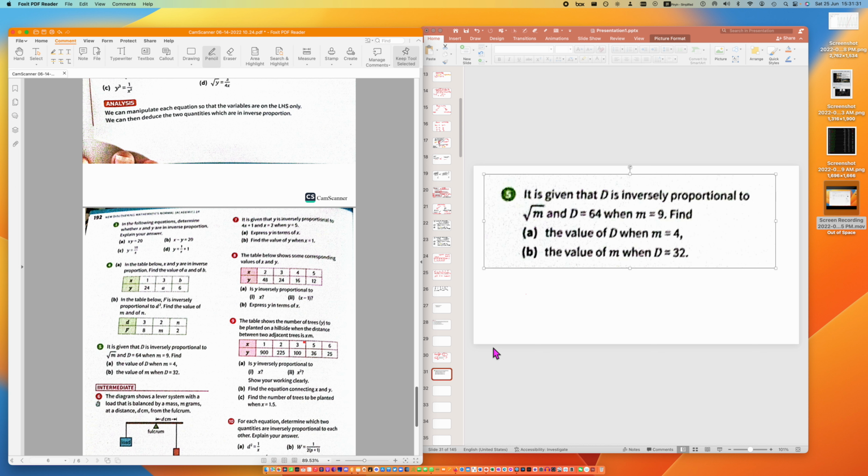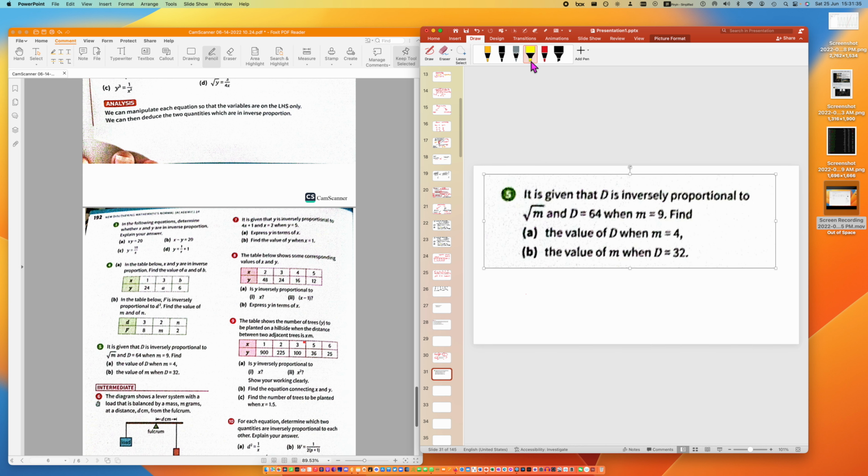Take so long. Okay, try. First thing first, is this one indirect or direct? Indirect. From here, right? Yeah. So write down what? Very good.